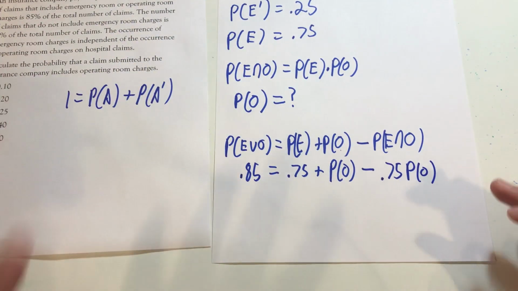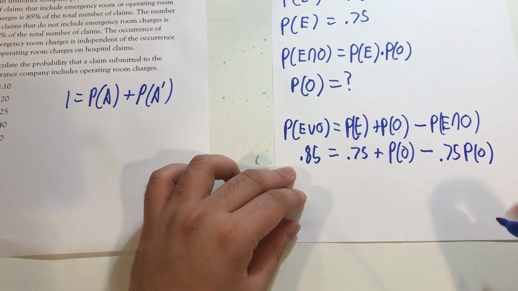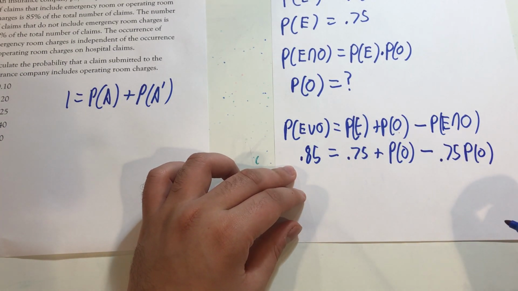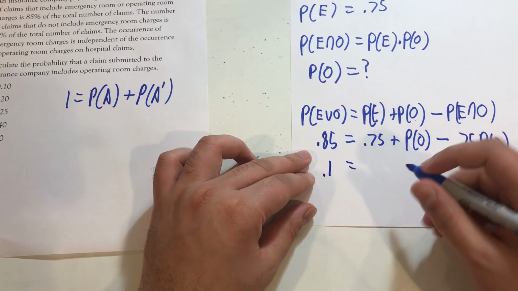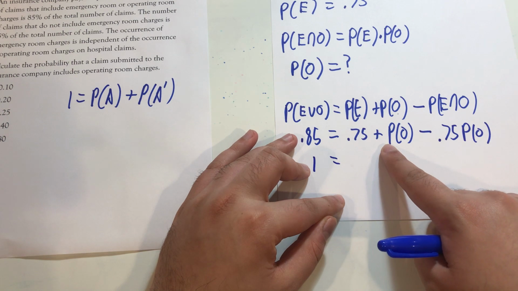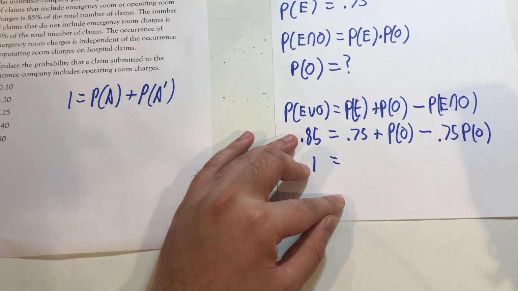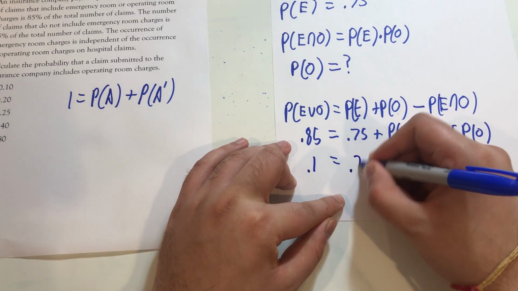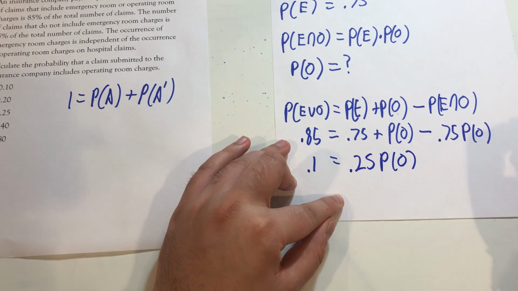Now hopefully this should seem pretty easy to do. I'm going to subtract the 0.75 over to the other side, and that should equal 0.1. I'm not going to do everything step by step, but the probability of O minus 0.75 times the probability of O should be 0.25 times the probability of O, operating room charges.